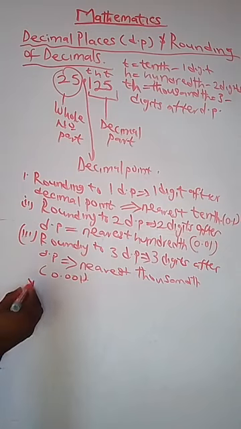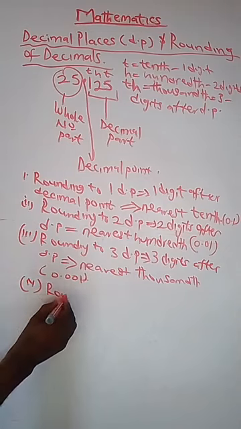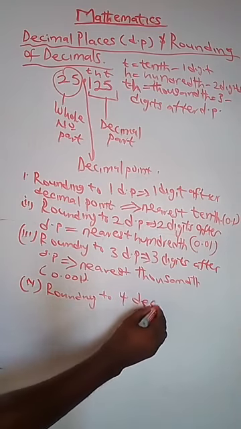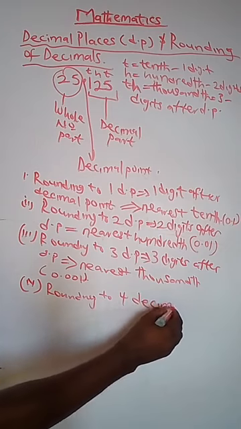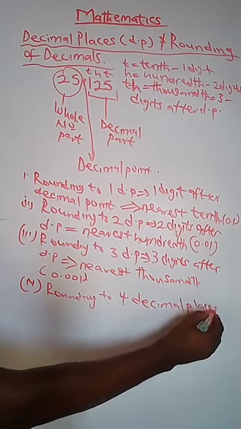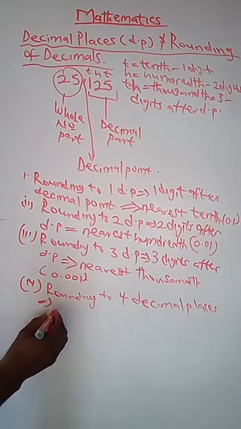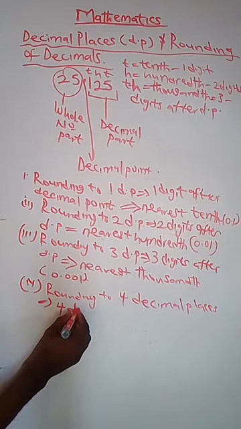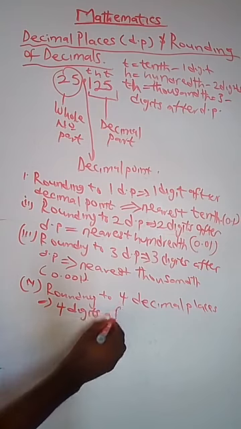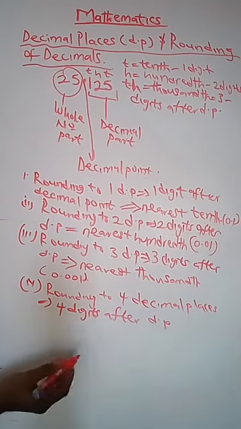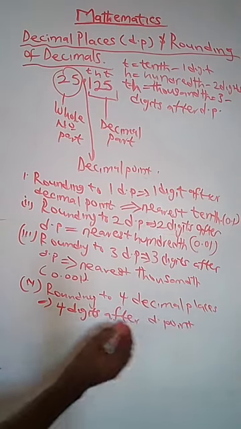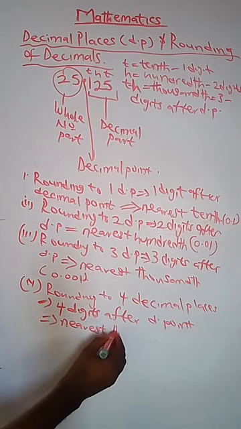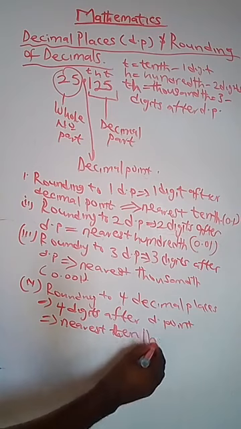Right? Then let's look at one more. Rounding to 4 decimal places means 4 digits after the decimal point, and it's the same thing as nearest ten thousandths.